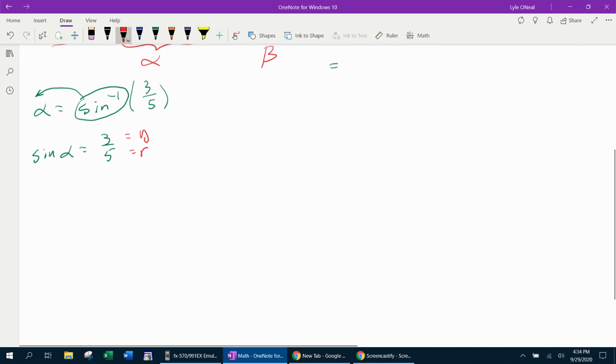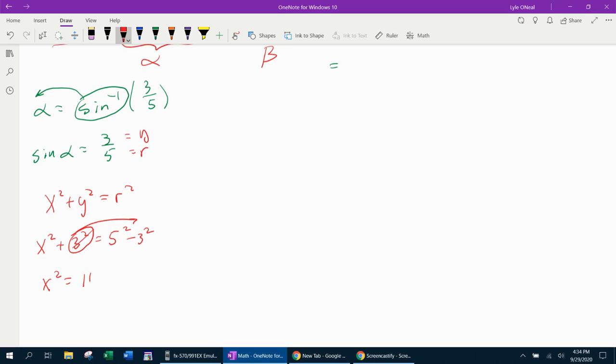And if I know y and r, I can get x. So we're now going to use Pythagorean theorem to find x. That's going to be x squared plus 3 squared equals 5 squared. Bringing the 3 squared over.